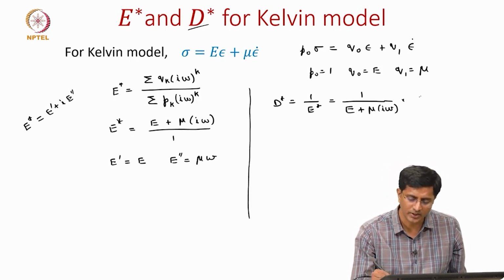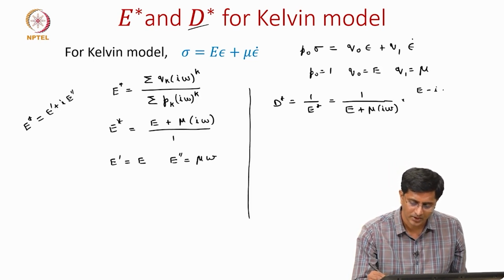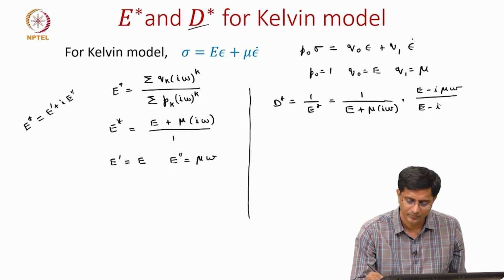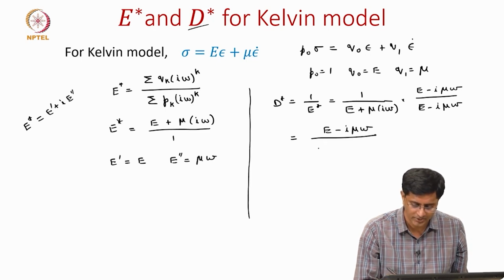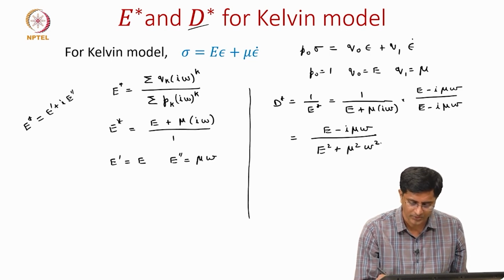To help me do that, I can multiply and divide by E minus I mu omega. So, the numerator is the same, but the denominator is E square plus mu square omega square.